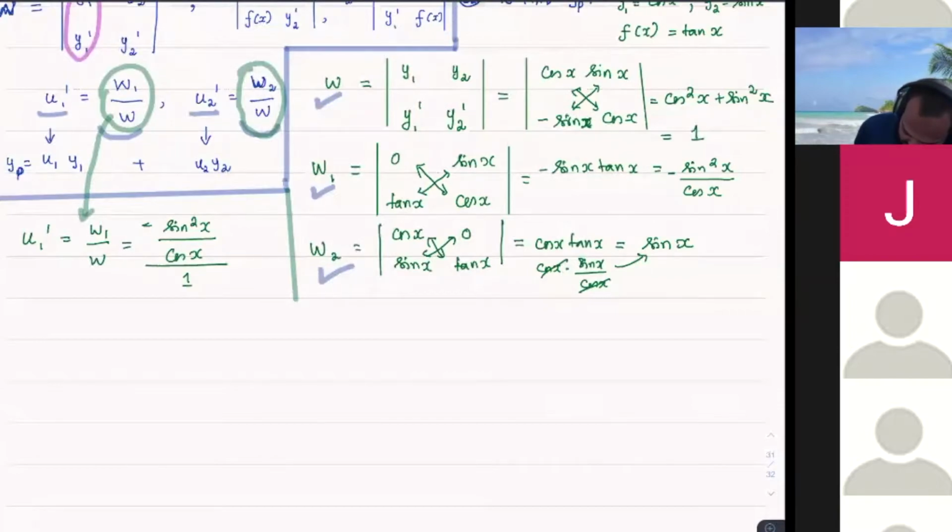That is exactly the same as saying negative sine squared x over cosine x. So what is your u1? U1 would be the negative integral of sine squared x over cosine x dx. You all okay?